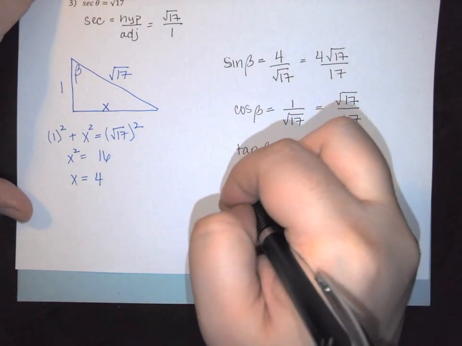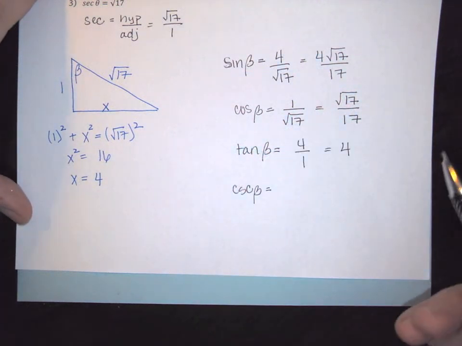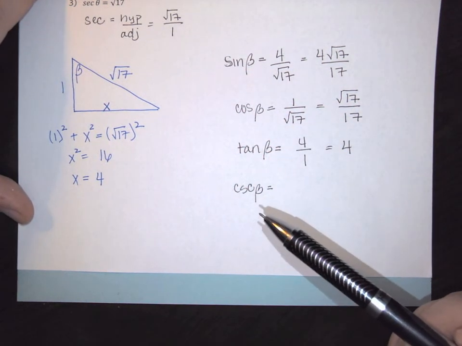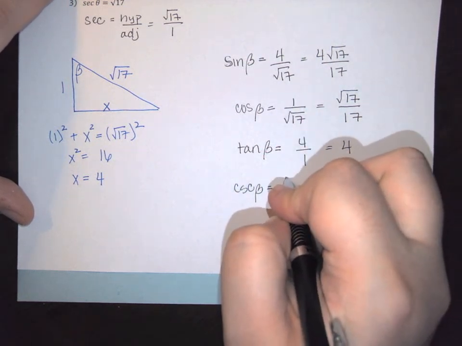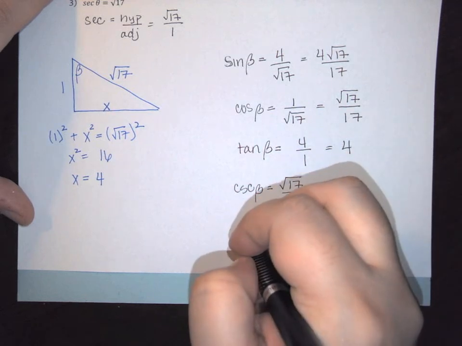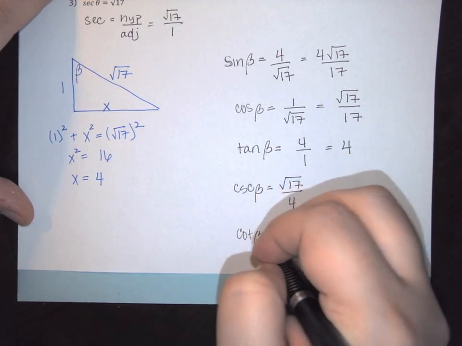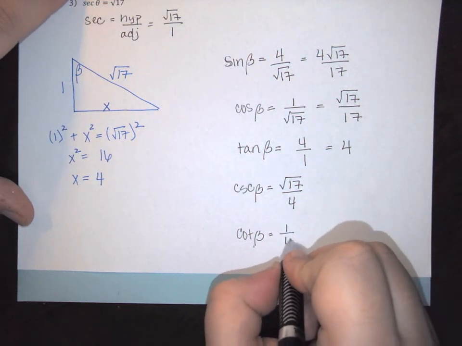Now the other two that are missing are my cosecant and my cotangent. My cosecant is going to be the reciprocal of my sine. So if we look at the original sine, the reciprocal of that is going to be square root of 17 over 4. And my cotangent is going to be the reciprocal of tangent, so 1 over 4.